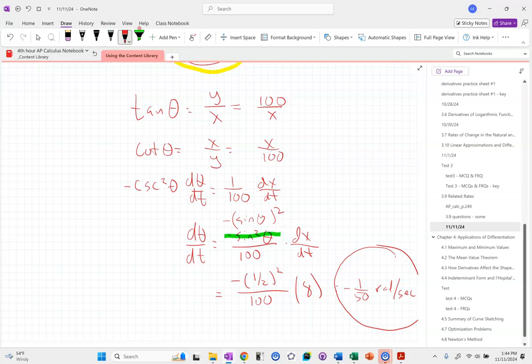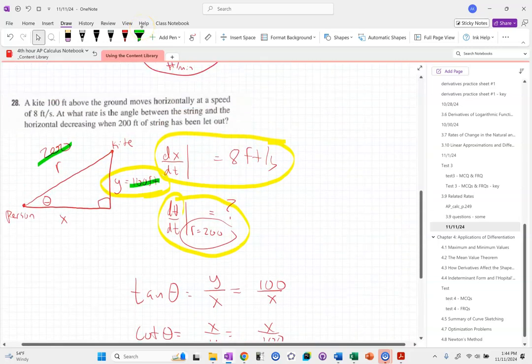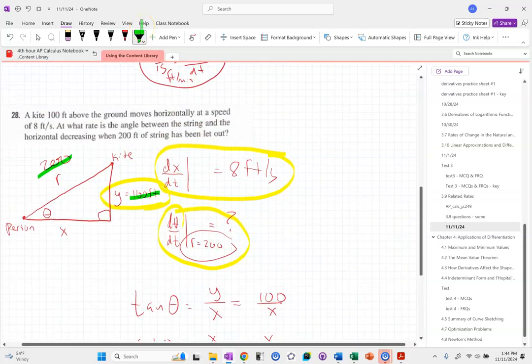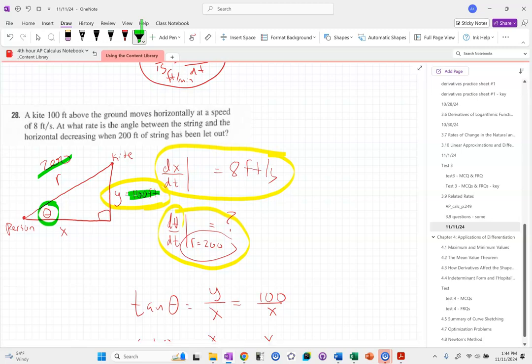So I'm going to go to my triangle and compute sine of theta. Sine is opposite over hypotenuse, 100 over 200, which is 1/2. So that's where the 1/2 came from. Sure.